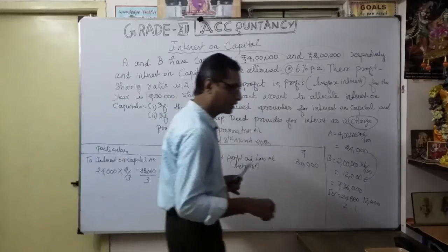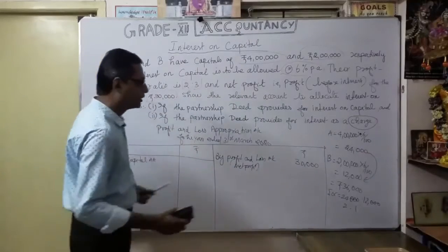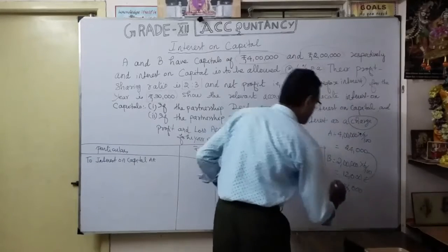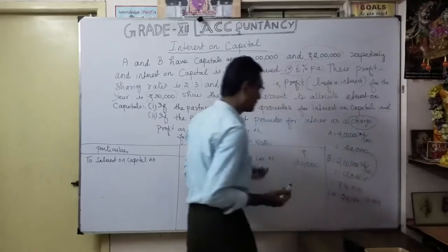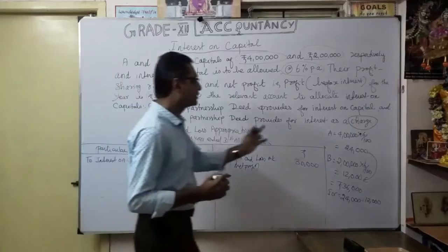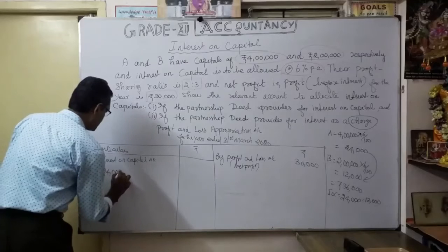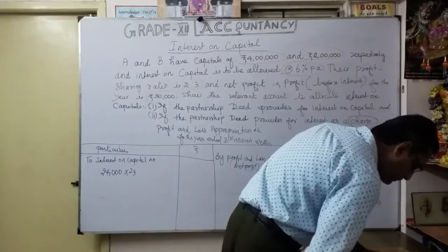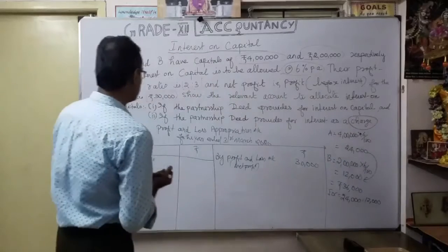Better to do it fully with 24,000, not through simplification, so you can get it very easily. Likewise, with 12,000 you will get it. Whatever the interest on capital ratio is, 24,000. Sorry, 30,000.